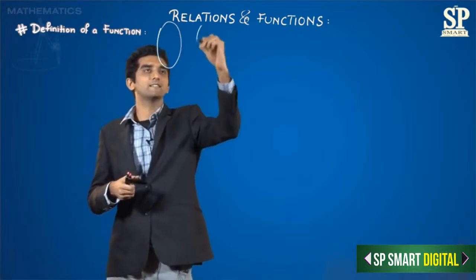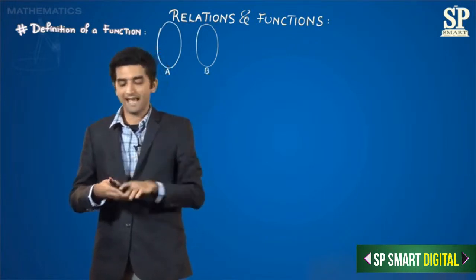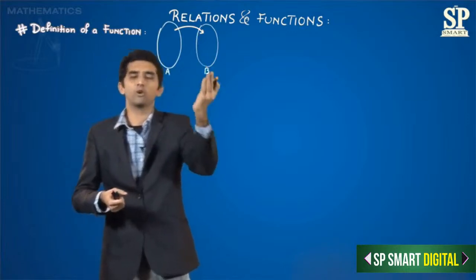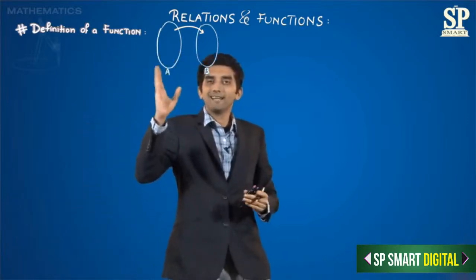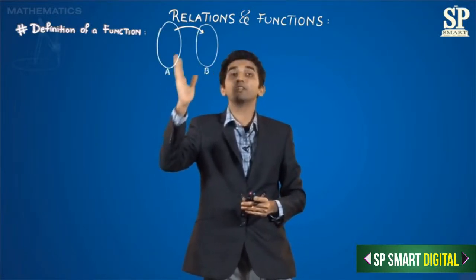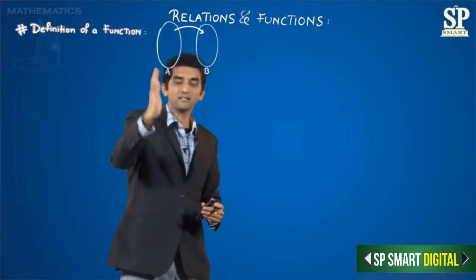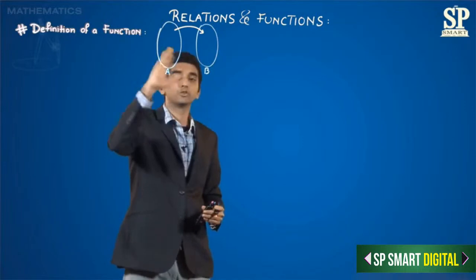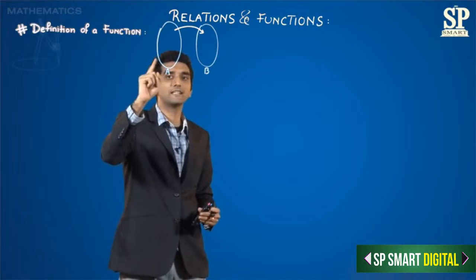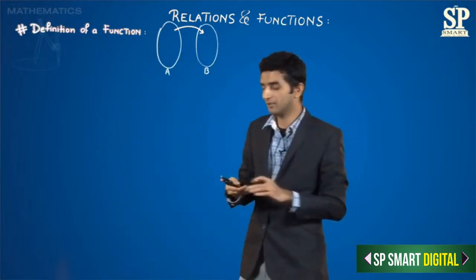This is set A, this is set B, and a function is a rule which connects each element from set A with a unique element in set B. So this is the input set and this is the output set. This definition is very crucial.